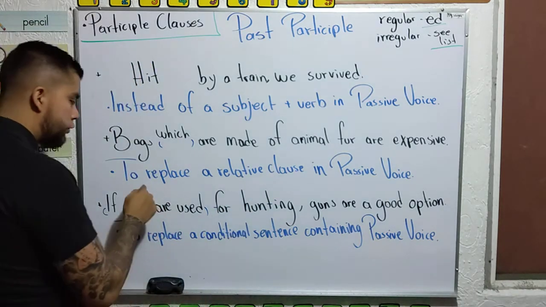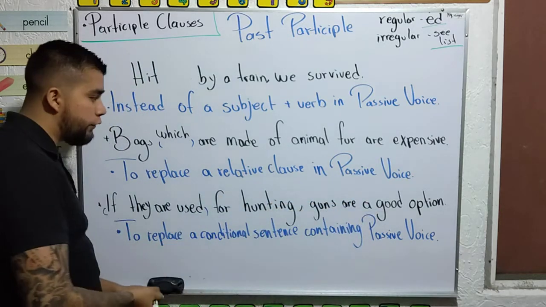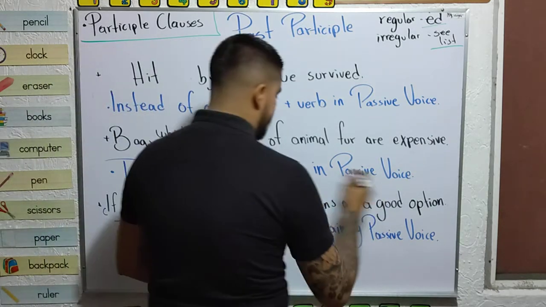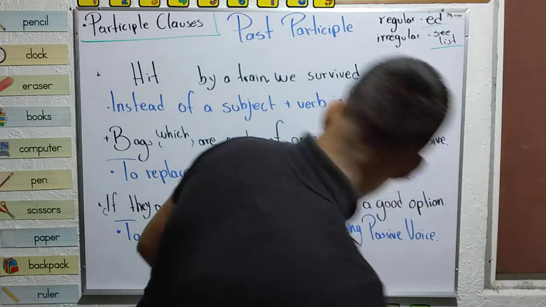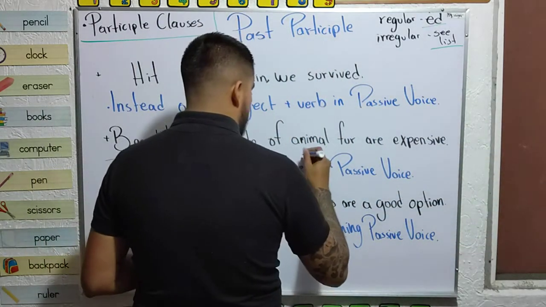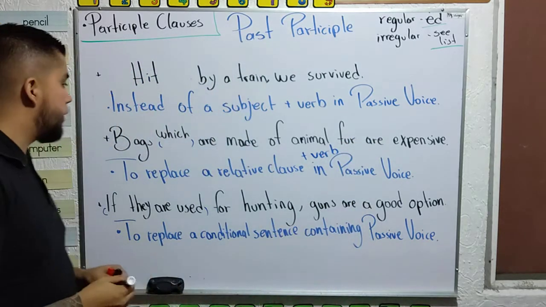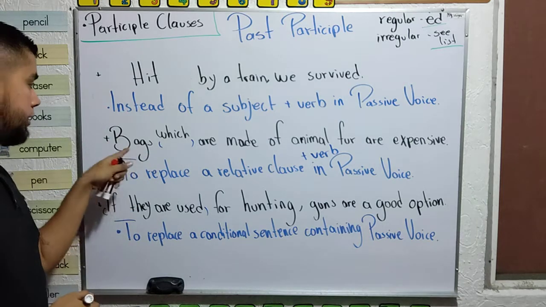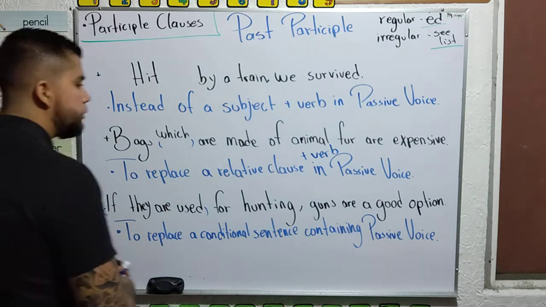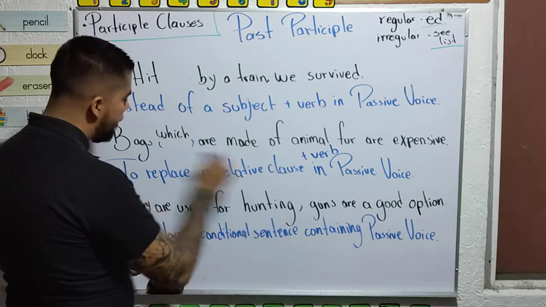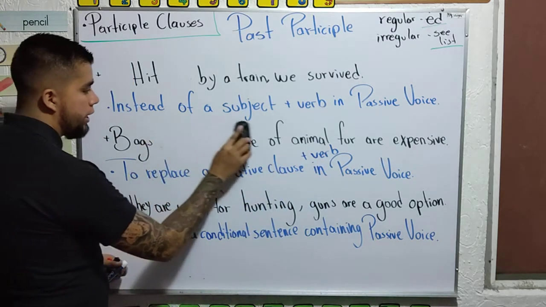So I'm going to replace the relative clause in participle form. Plus the verb. I'm not going to touch the object or the subject of the sentence. I'm going to replace the relative clause and the verb. So, which are made.